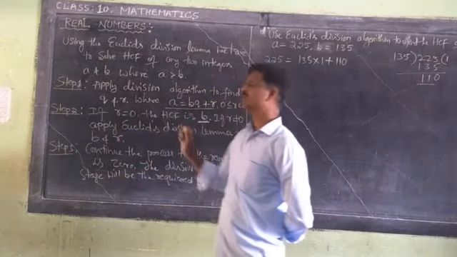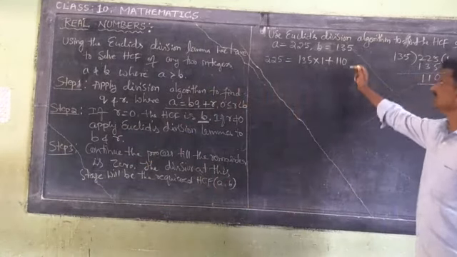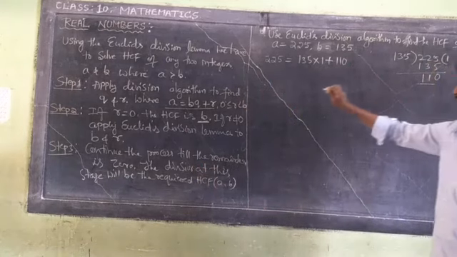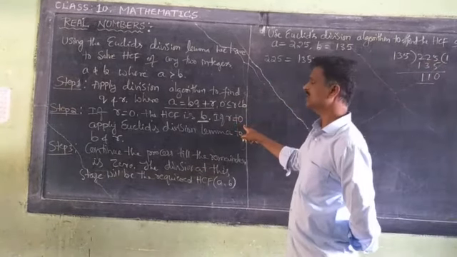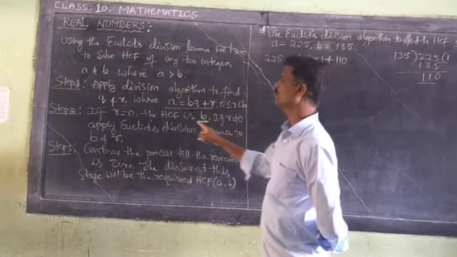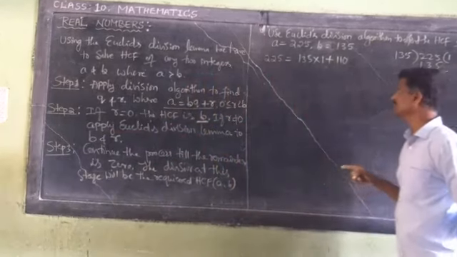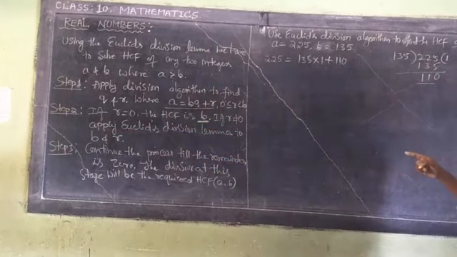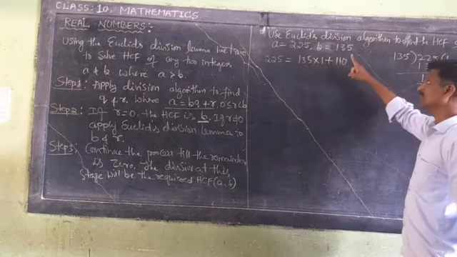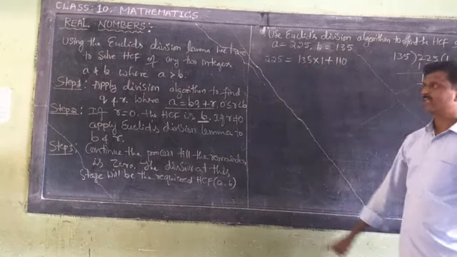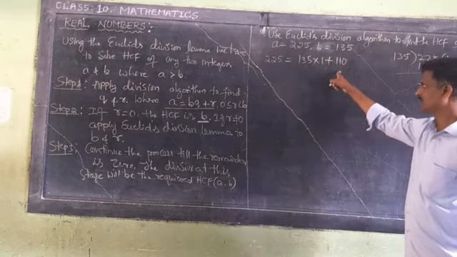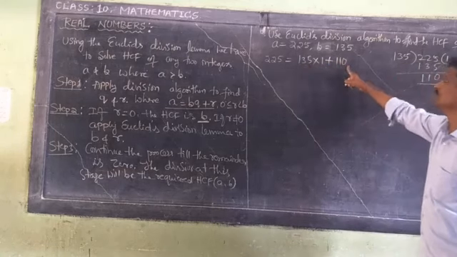If R is equal to 0, here is the remainder 0? No. The remainder is not 0. If R is not equal to 0, apply Euclid division lemma to B and R. So next we apply the lemma to B and R. B is 135 and R is the remainder.